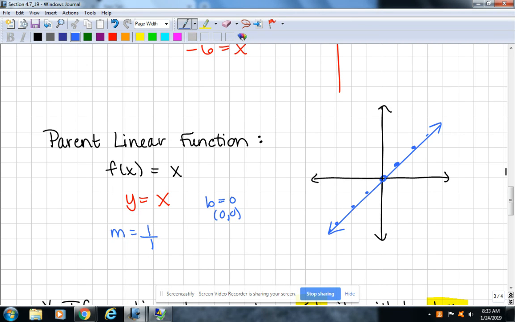Do y'all know what makes them that way? It's their slope, right? Now, actually, you can know how the graph will look just by comparing your equation to your parent linear function. So this is helpful right here.